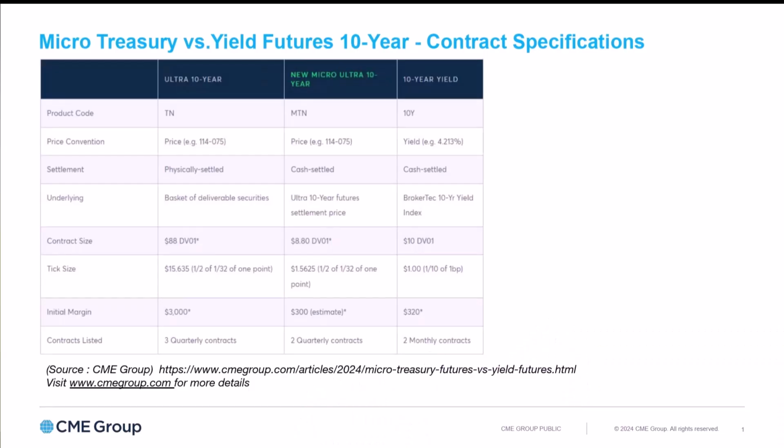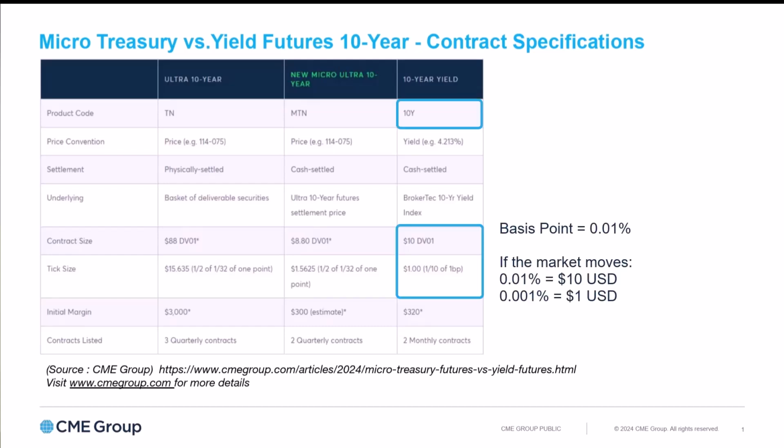You mentioned the DV01 of $10, and we've designed these products so that the DV01 of all the maturities is $10, just to make it very simple. They are available in 2-year, 5-year, 10-year, and 30-year maturities. All of these have a DV01 of $10.